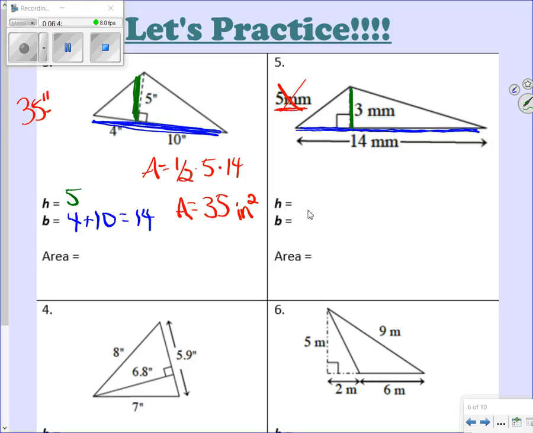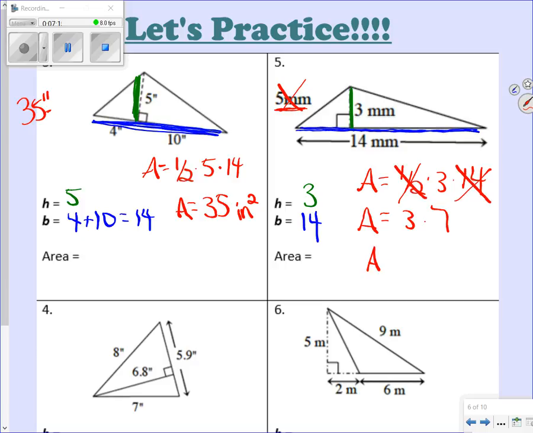All we need to know is that our height is 3, our base is 14, and to find area, we do 1/2 times 3 times 14. I like to kind of take a little step there. I know 1/2 of 14 is 7, so I'm going to say area equals 3 times 7. Cancel out our 14 and our 1/2. So area equals 21, and our units, millimeters squared.